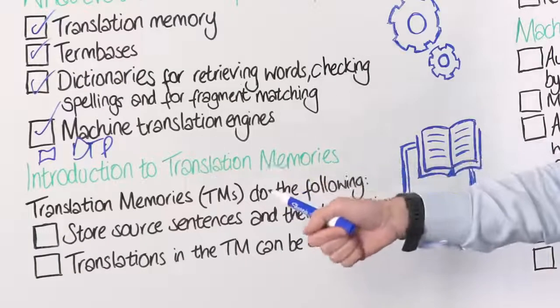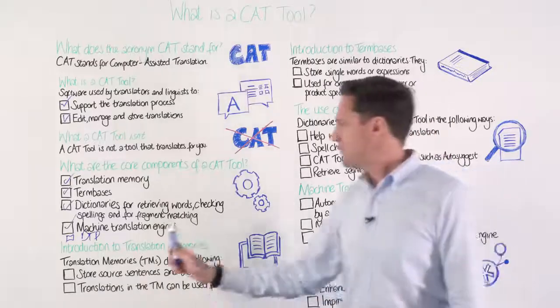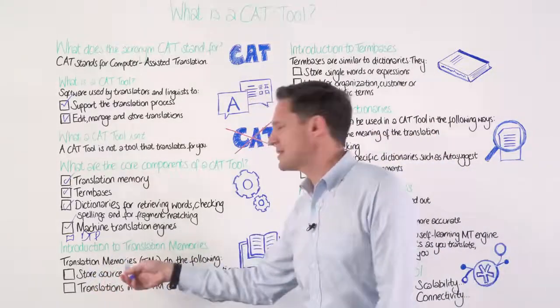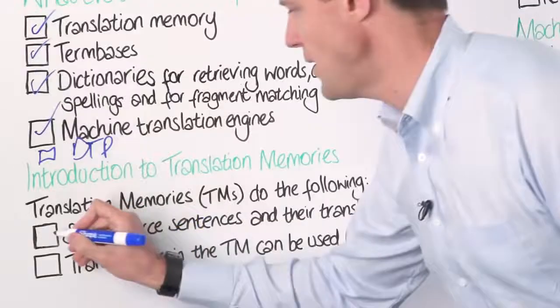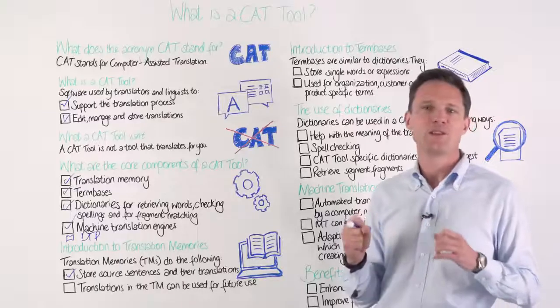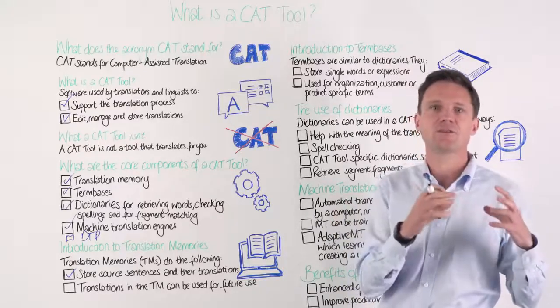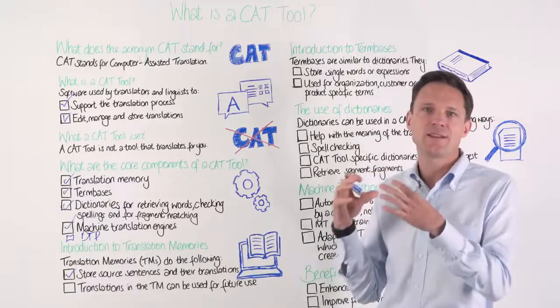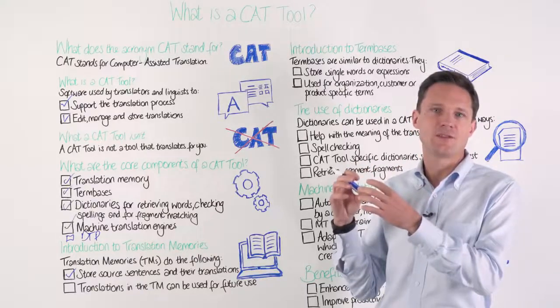So let's introduce the translation memory and what it is. First of all, the translation memory does different things. The first thing is storing the source sentence and its translation. What does that mean? It stores the phrase that you need to translate, and once you translate it yourself manually, it will store that translation.